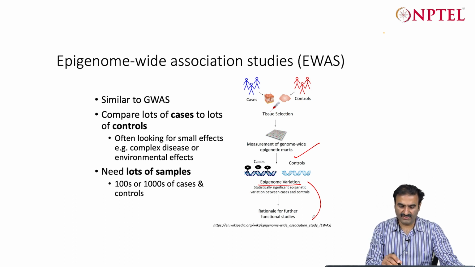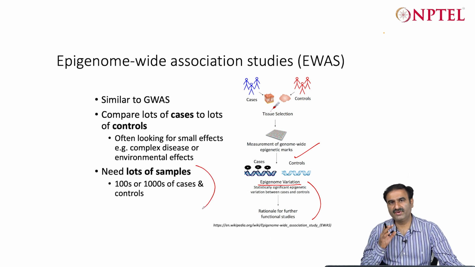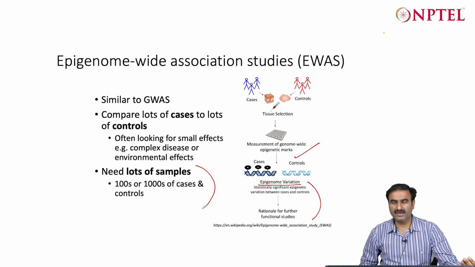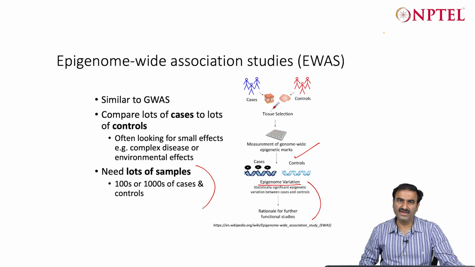But to confirm these you need a lot of data, and you have to establish it in multiple individuals, do the statistical validation to basically find something or tell that this epigenome-wide association is associated with that disease.